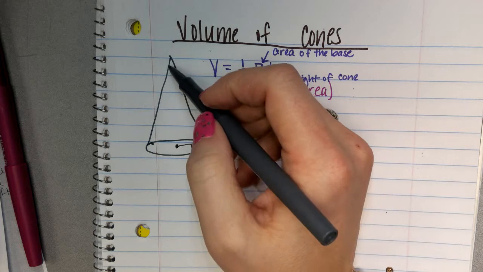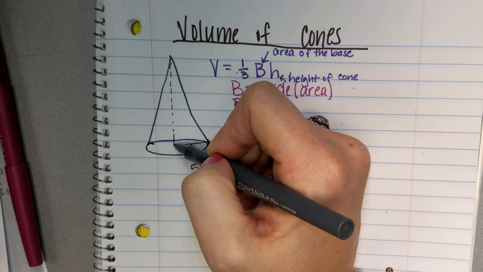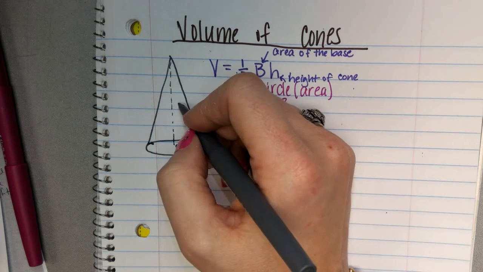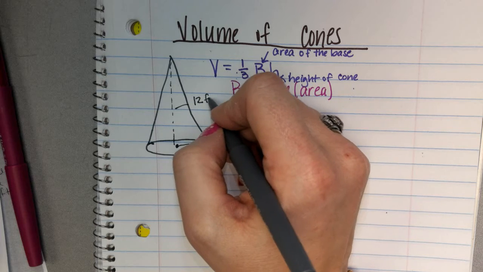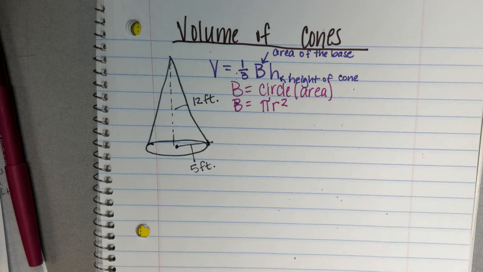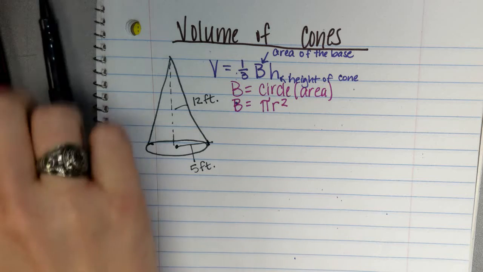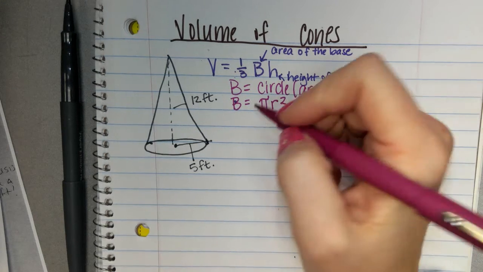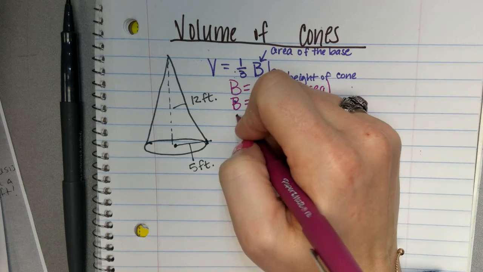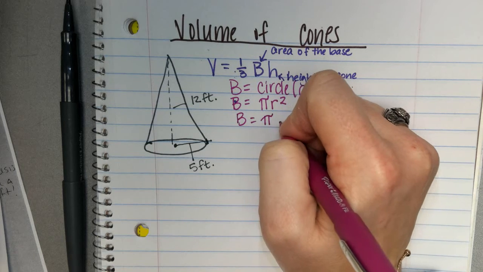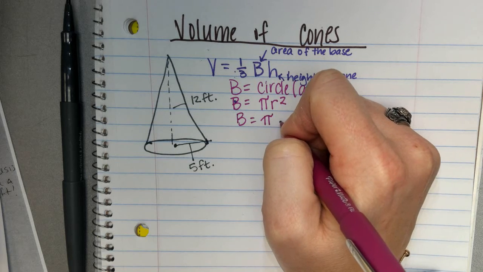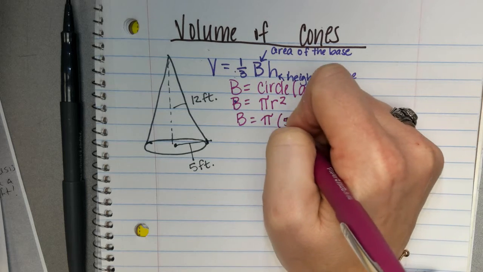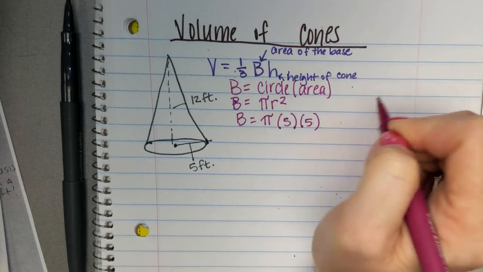And then this dotted line is not a line you would see, it's an imaginary line, but that's going to show us what our height is. It's 12 feet. Okay? So we've got to find the big B. The big B is going to be pi times the radius squared. Well, here's the radius, 5 and 5.